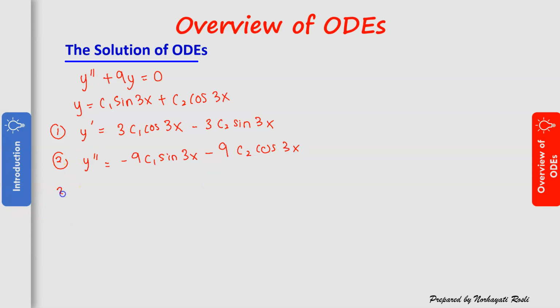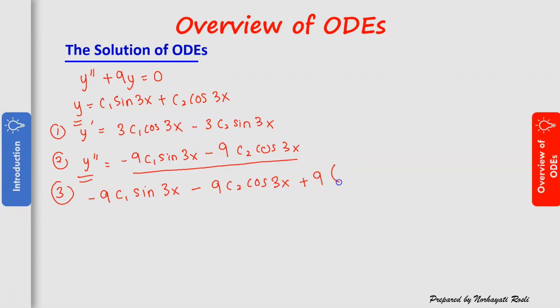And the next step, number 3, we need to substitute y double prime and y in this differential equation. So we have y double prime equal to this expression: negative 9c1 sin 3x minus 9c2 cos 3x, and then plus 9 times our y, which is this equation.